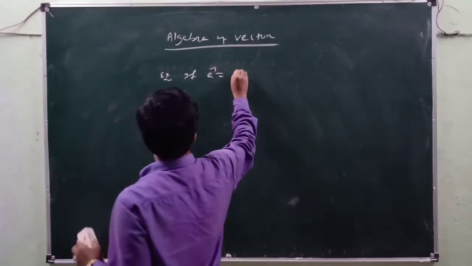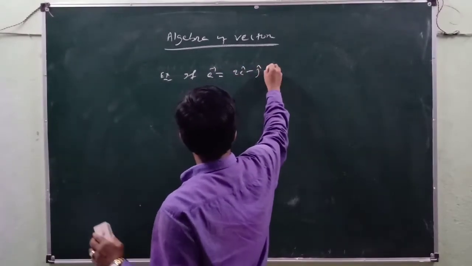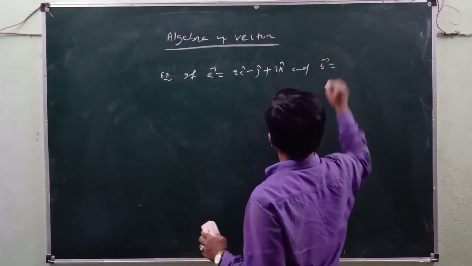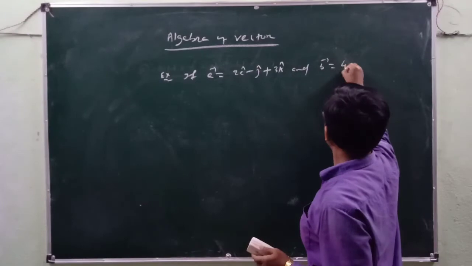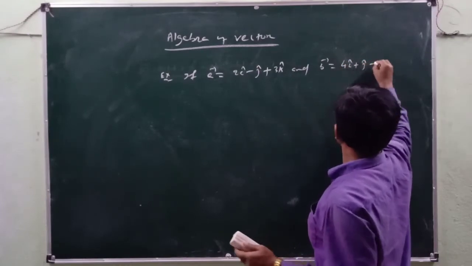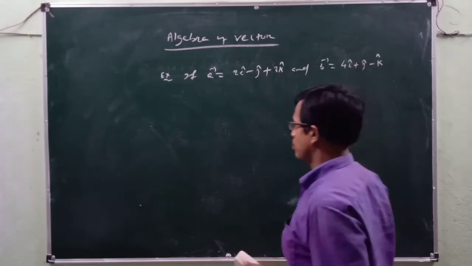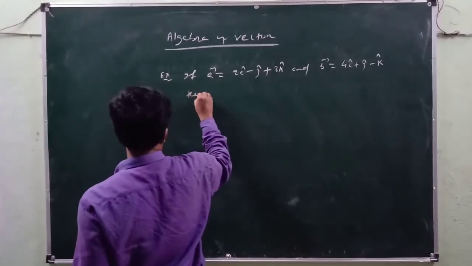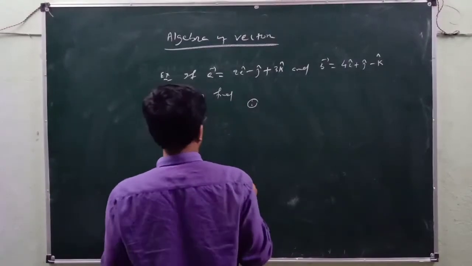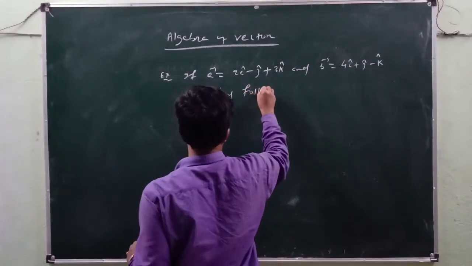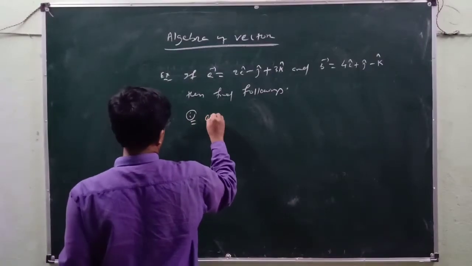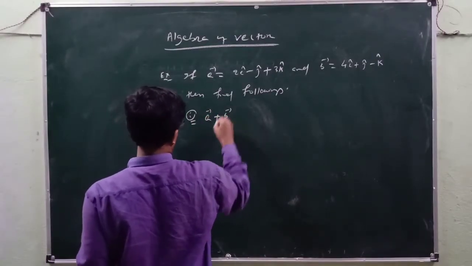If vector a equals 2i cap minus j cap plus 3k cap, and vector b equals 4i cap plus j cap minus k cap, then find the following. In first, a vector plus b vector.